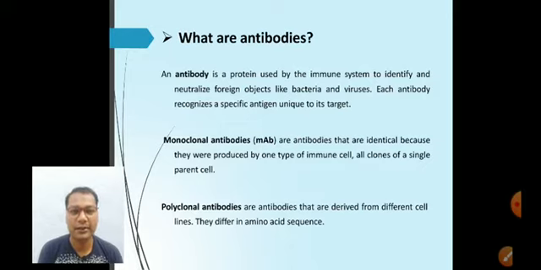Monoclonal antibodies are antibodies that are identical because they are produced by one type of immune cell, all clones of a single parent cell. What are polyclonal antibodies? These are antibodies that are derived from different cell lines. They differ in amino acid sequence.